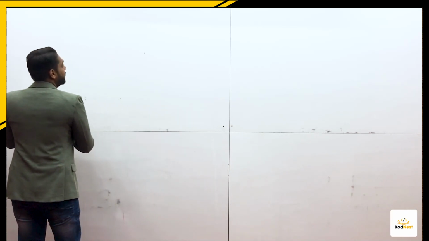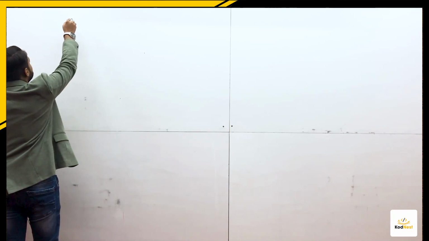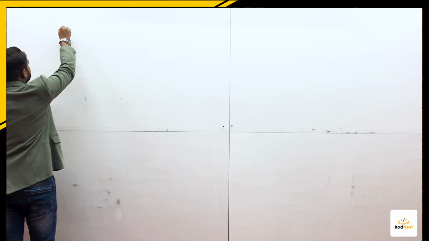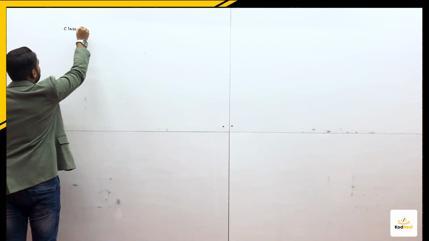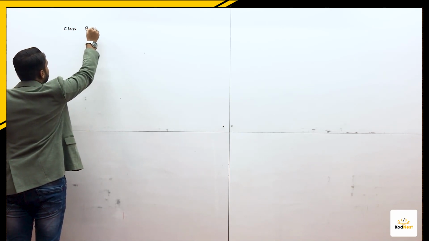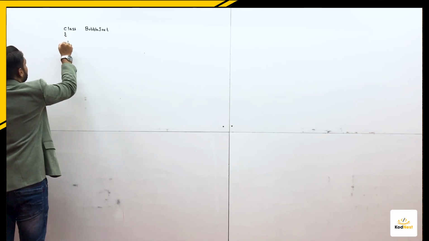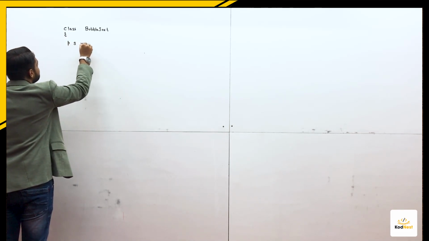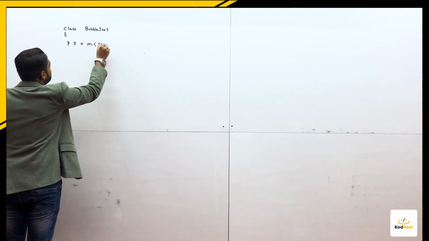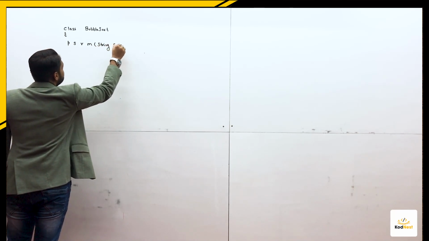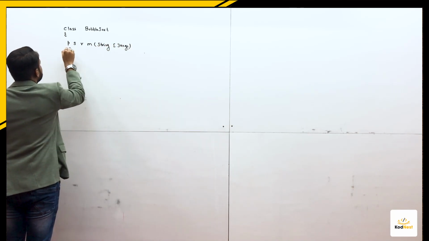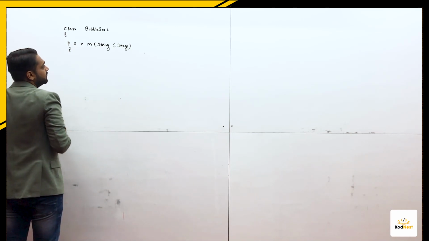Supposing I have a class called BubbleSort. Inside this class, I have the main method: public static void main, which accepts String args.